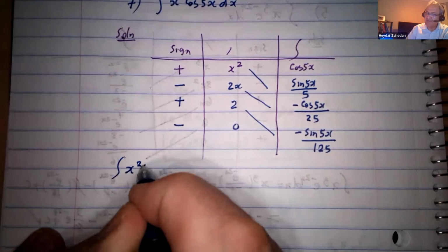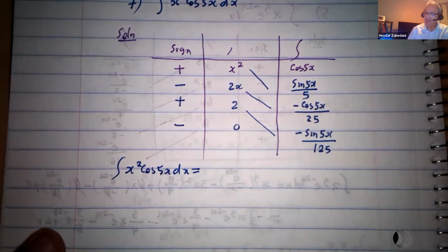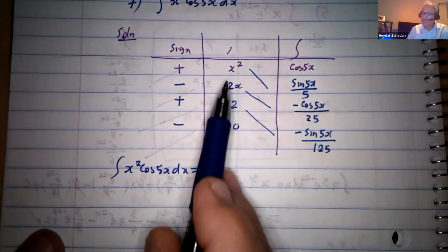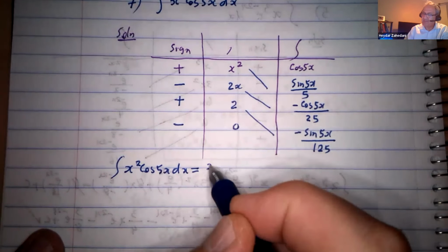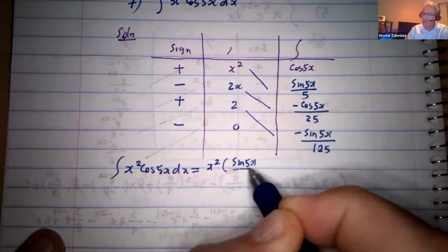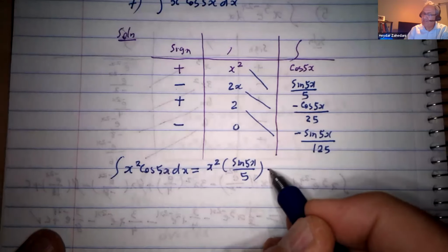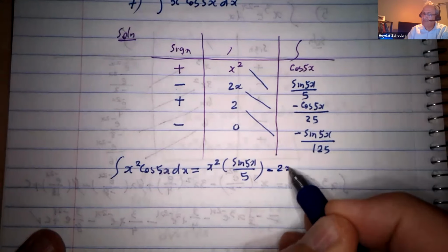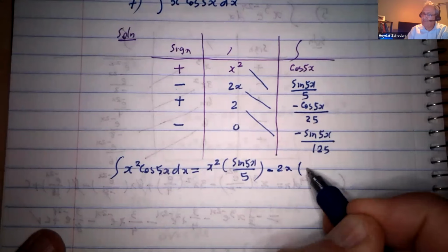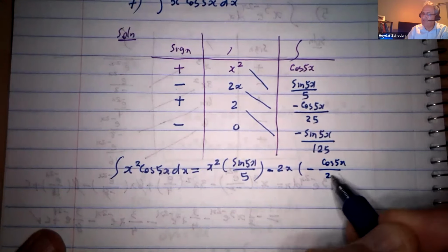The integral of x squared cosine of the 5x dx is equal to the first group, which is x squared times the sine of the 5x over 5, minus 2x times this one, times a negative cosine of the 5x over 25.